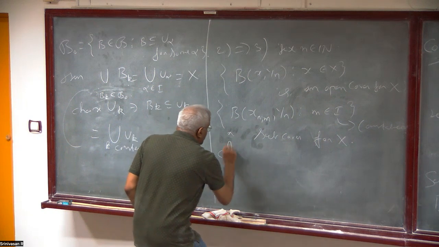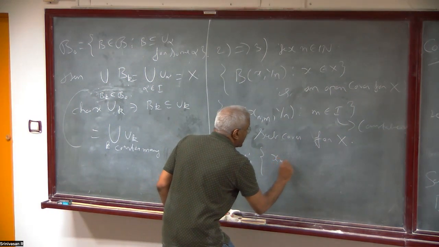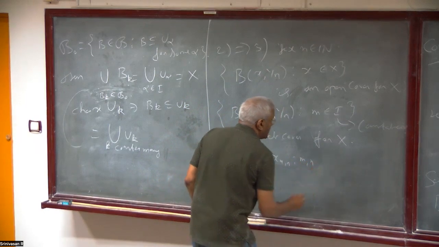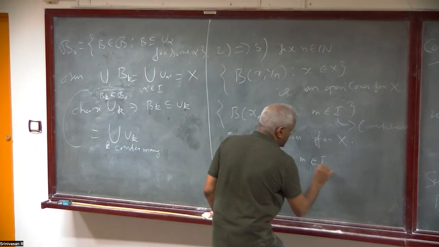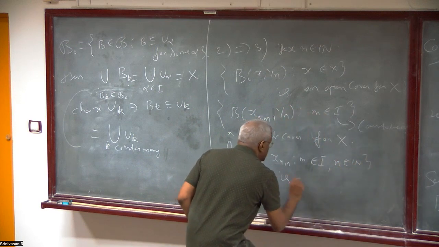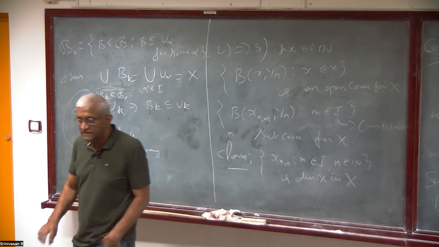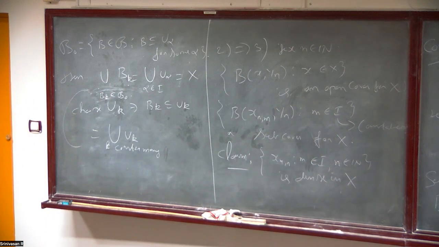Now the claim is, and this is true for all m and n, this X_{m,n}, where m is in I, which is a countable set, and n is in N, is dense. This is the claim. That's what we want to prove. It's a countable subset.